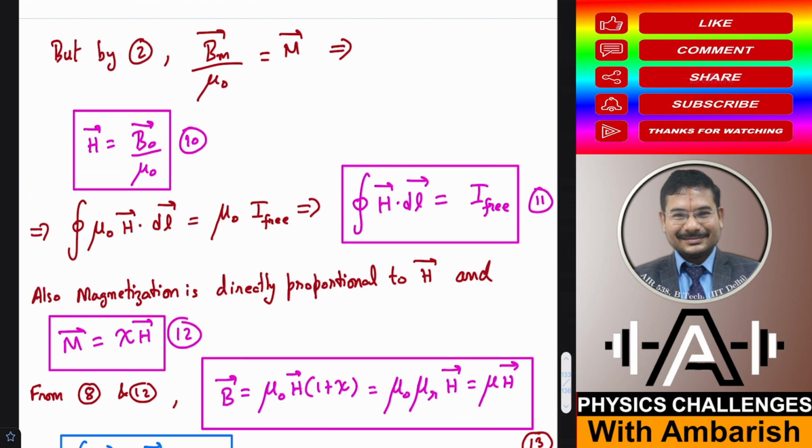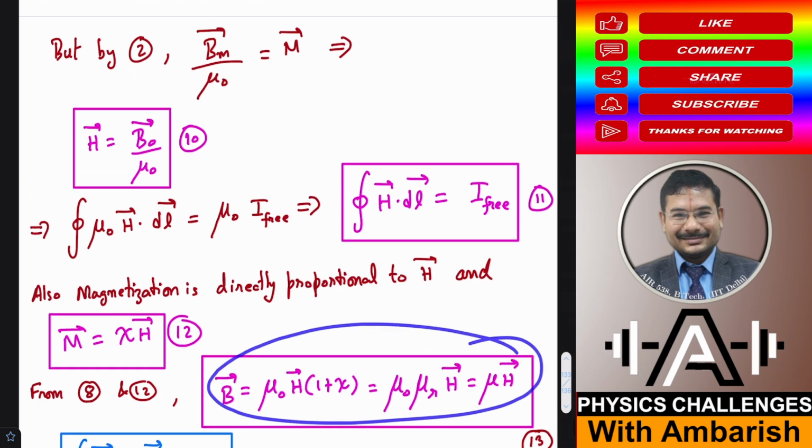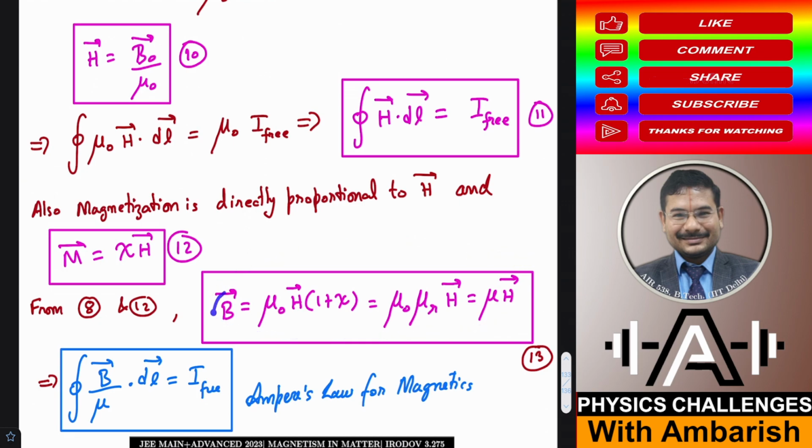The net field B is equal to permeability times the magnetic intensity, which is the measure of the applied field due to the free currents. So B upon mu becomes nothing but H, and integral H dot dl is free current enclosed. That gives me integral of B by mu dot dl is equal to free current enclosed, right?